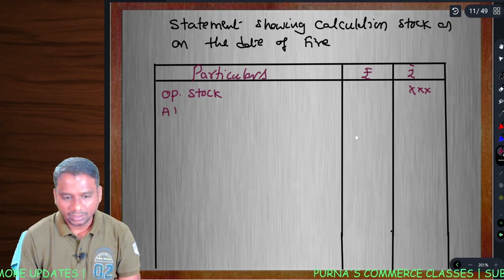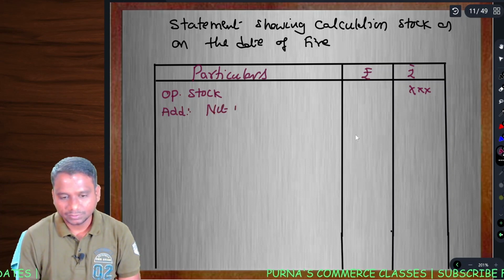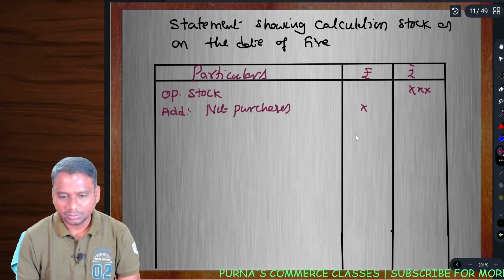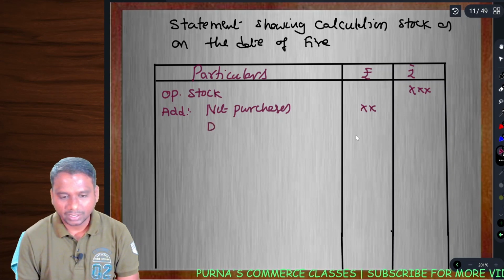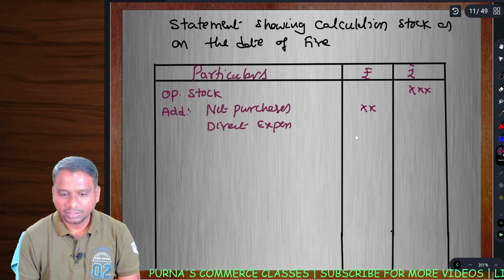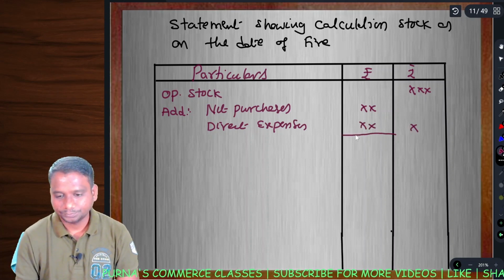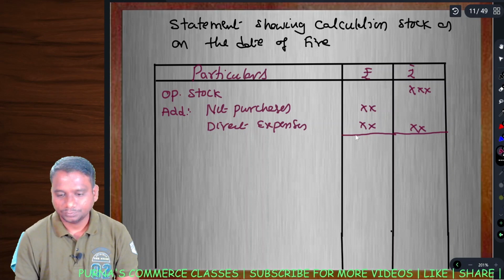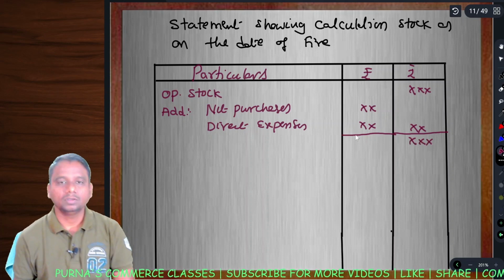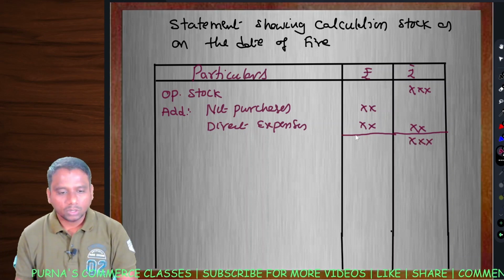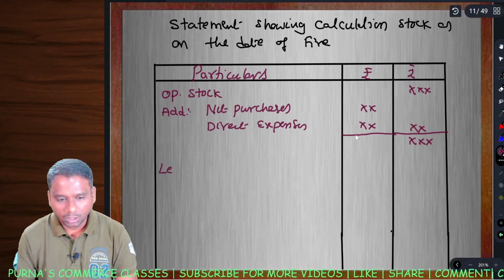To this add net purchases and direct expenses. Okay, add. Now, from this, what you have to deduct?